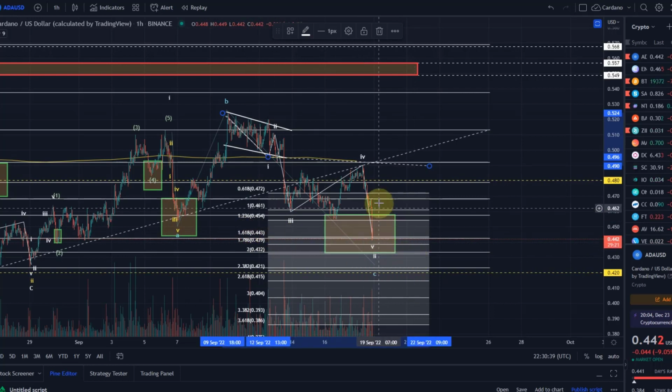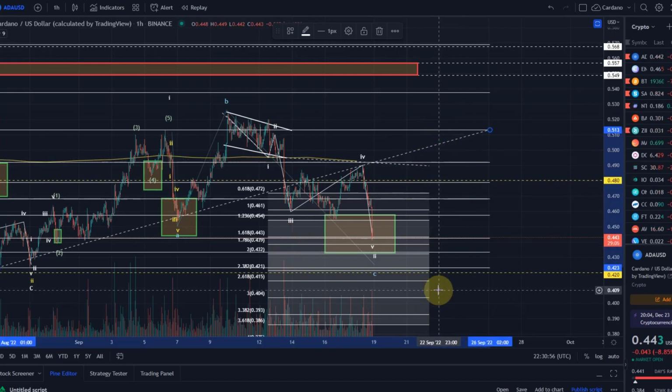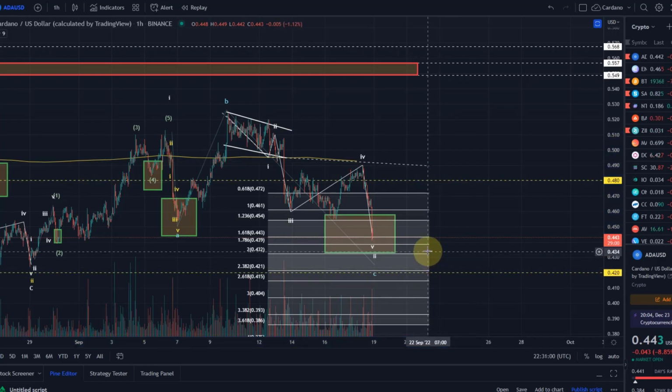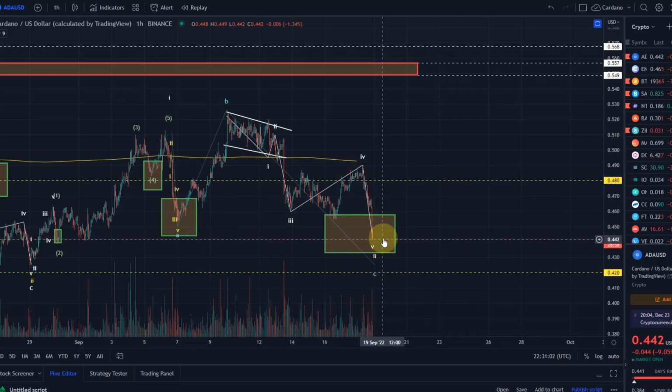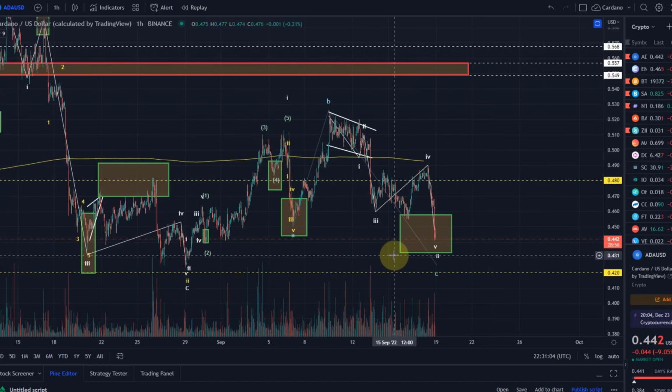If we go longer than that, that would mean we're breaking the 1.618 extension, which is normally, I wouldn't say the maximum that a wave 5 does, but it's normally the ideal level. And if you go below that, it would already indicate something more bearish is going on. On the other hand, if you drop below the 78.6% fib level, which we are already at the moment as well, that is also indicating that something more bearish is going on.